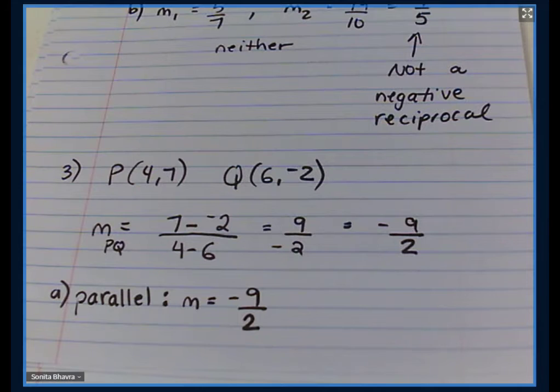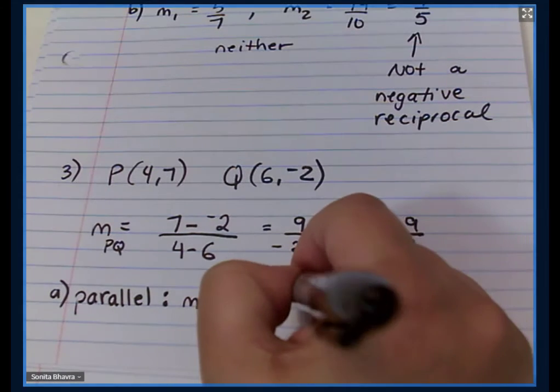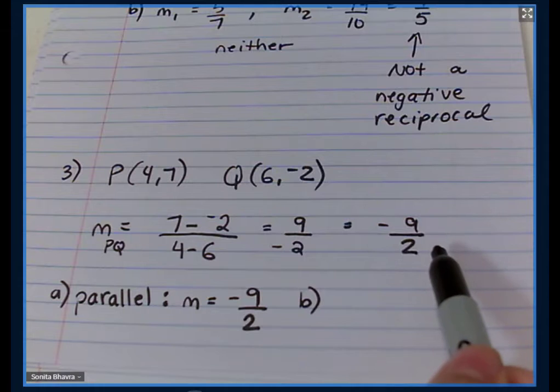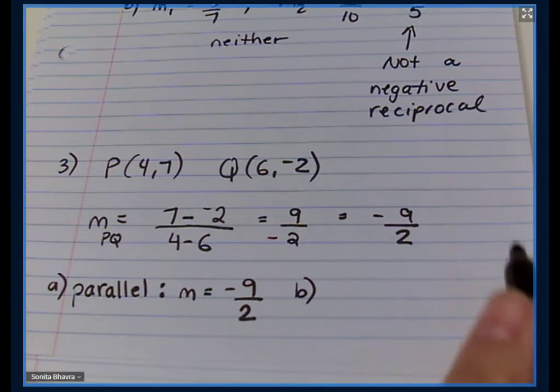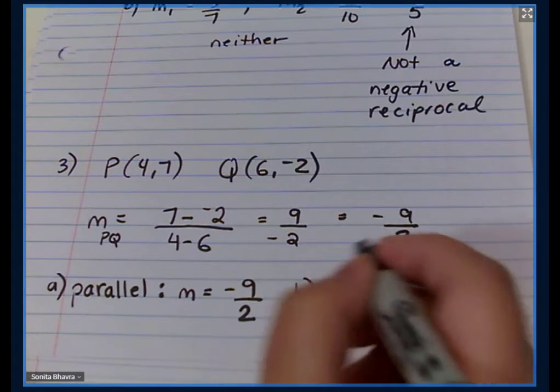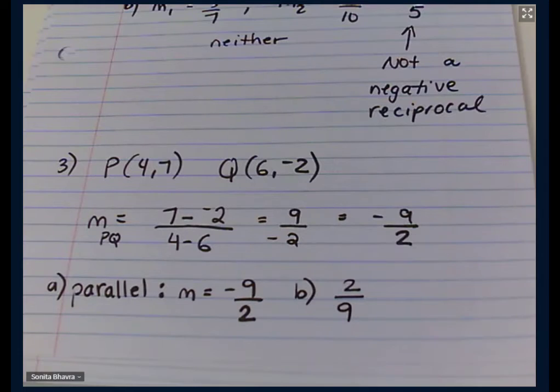All right, and then question B: find the slope of a line segment that is perpendicular to PQ. For perpendicular, we take the negative reciprocal. This is already a negative slope, so the first thing we'll do is flip it, just like that.